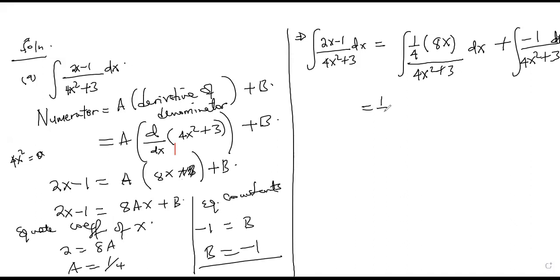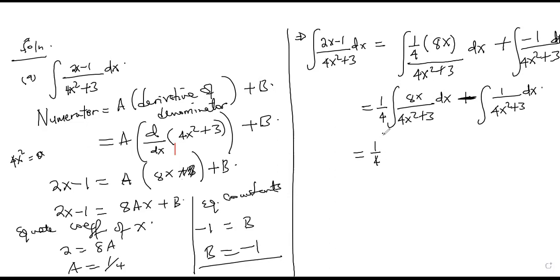We have a quarter integral of 8x over 4x squared plus 3 dx, minus the integral of 1 over 4x squared plus 3 dx. When you differentiate the denominator, you get the numerator, so this is going to be a quarter ln of 4x squared plus 3.